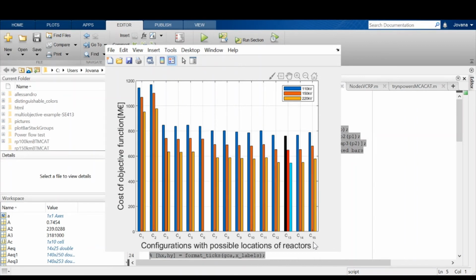And here C13 seems like the optimal configuration for this offshore distance and offshore wind power plant. Later on, because this is only the cost of the objective function, we have to add the fixed costs to calculate the total cost of the system in order to determine the optimal voltage.